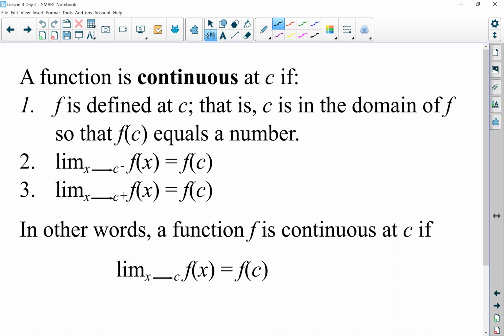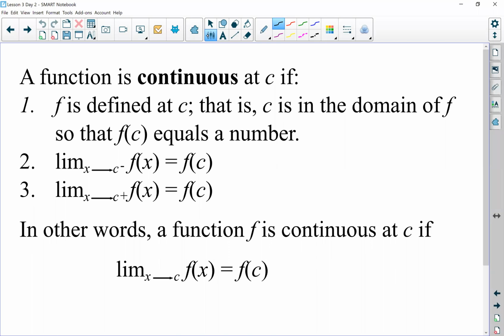Things that can cause a function to not be continuous would be things like vertical asymptotes, a hole in a graph. If a function jumps, like our floor function or our ceiling function from trimester 2 maybe, those would be jumps.